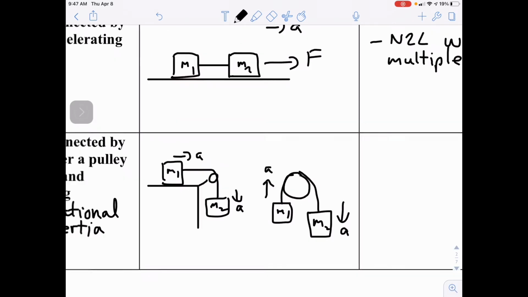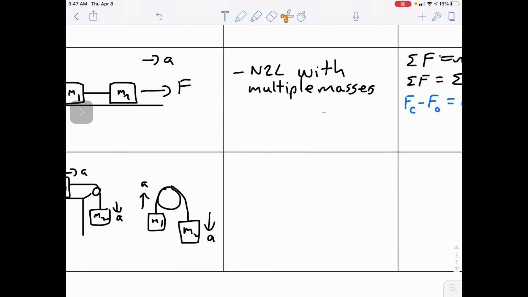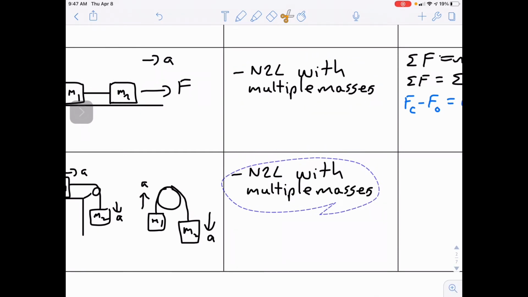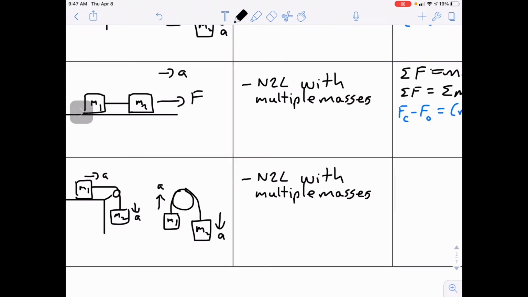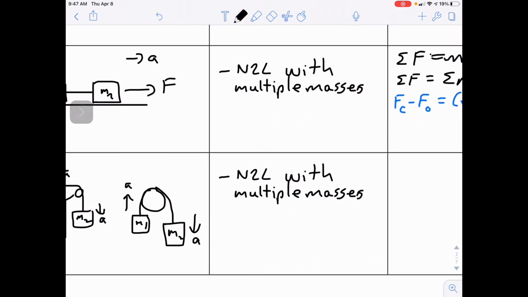Okay, you'd be given that information. So it's still Newton's second law with multiple masses. But this time we don't really apply Newton's second law with multiple masses. We just apply Newton's second law on each mass separately.